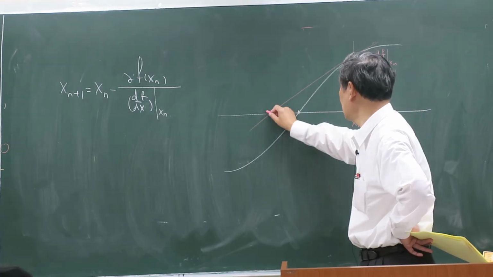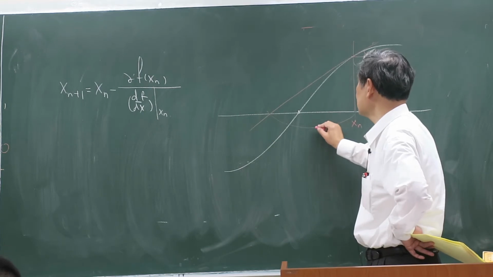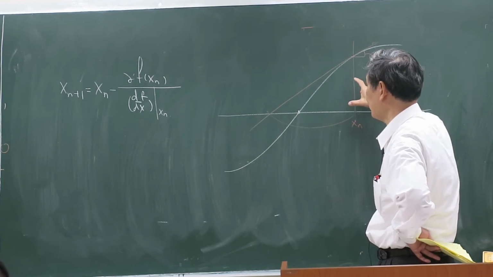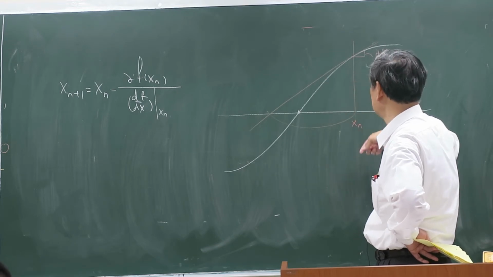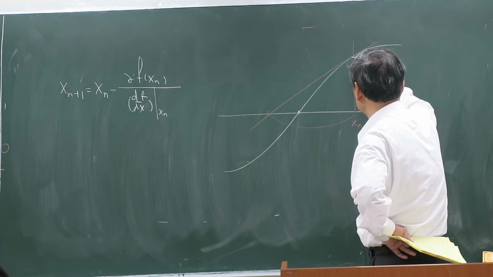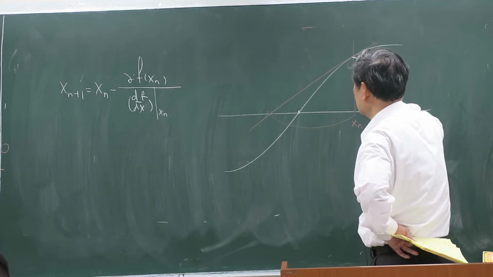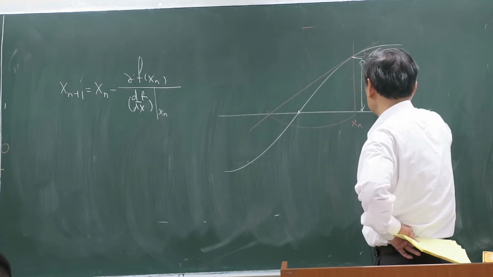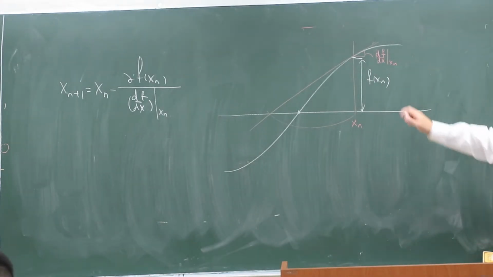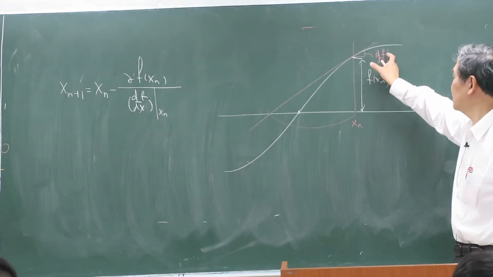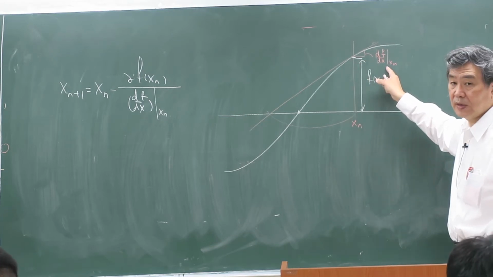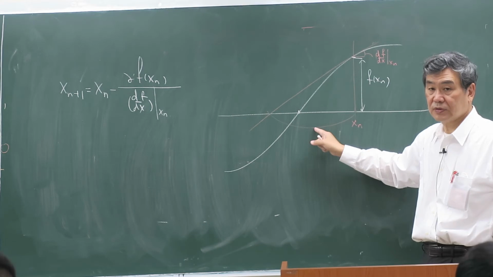So this distance is my... okay. So this value is f at xn, right? f(xn) divided by the slope is equal to this.